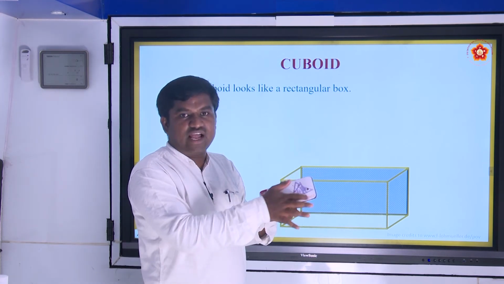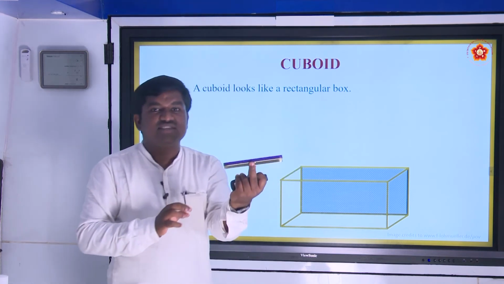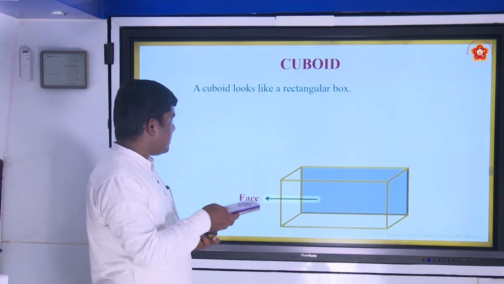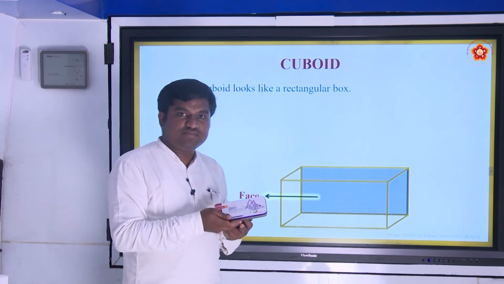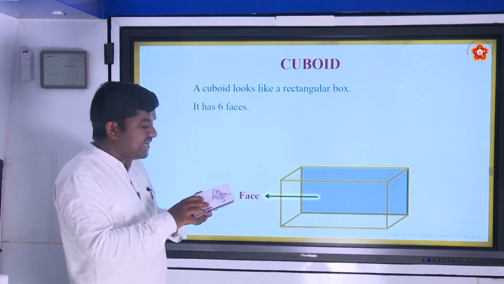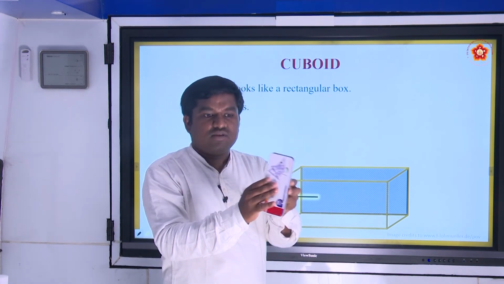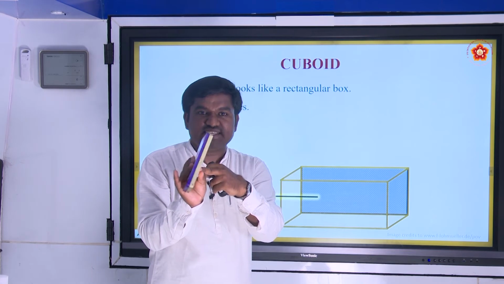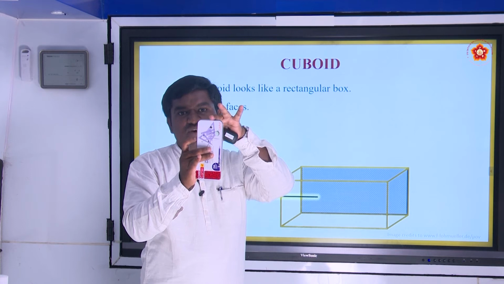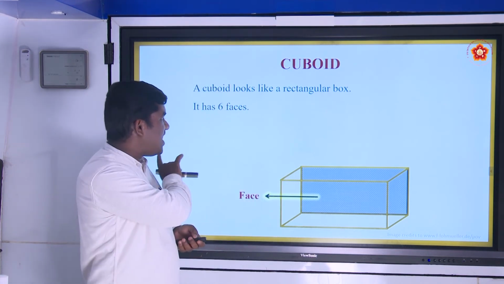This is a face. Face means a flat surface. Next, it has 6 faces. Here, front one, back one, 2 faces. Next, left side, right side, 4 faces, top one and bottom one. Total 6 faces are there in a cuboid.